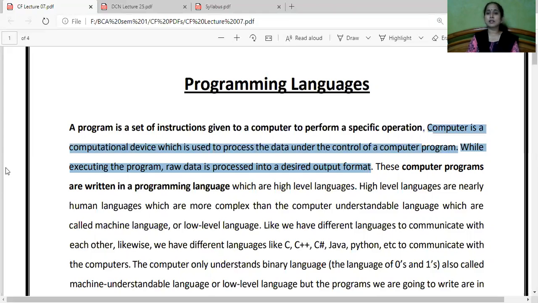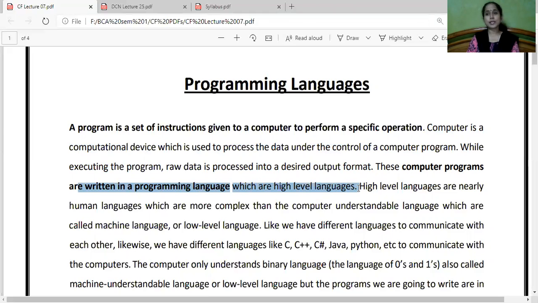Now, these computer programs are written in programming languages, which are usually high-level languages. These high-level languages are nearly human-like languages, but they are more complex than the computer-understandable languages like machine-level language, that is a language of zeros and ones. That is a low-level language.